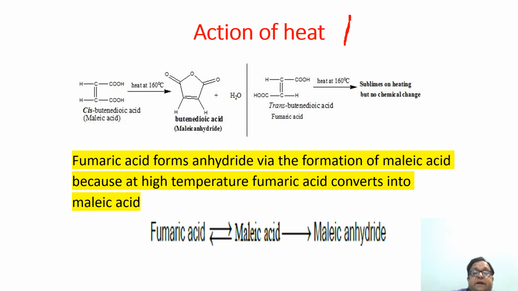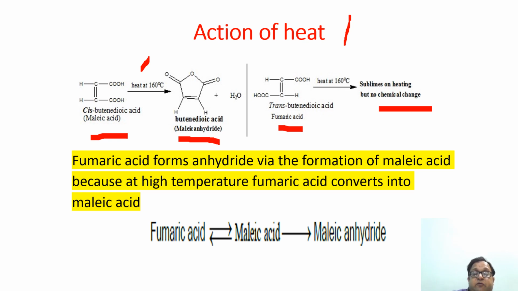Next method is the action of heat. If we heat cis-butenedioic acid, that is maleic acid, at 160 degrees Celsius, it is easily converted into maleic anhydride. On the other hand, trans-butenedioic acid, that is fumaric acid, sublimes on heating at 160 degrees Celsius, but it shows no chemical changes.